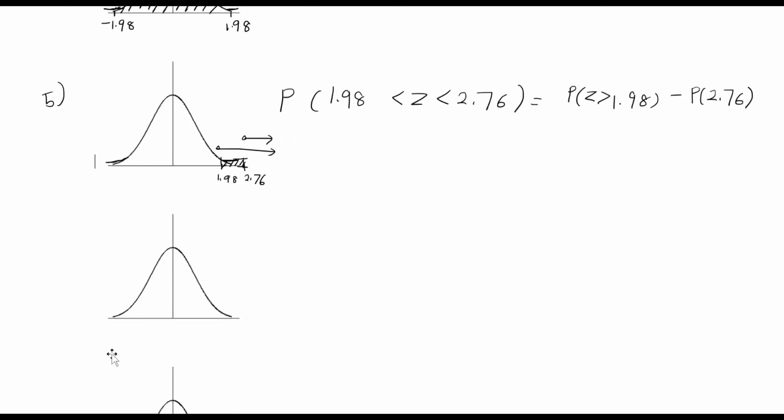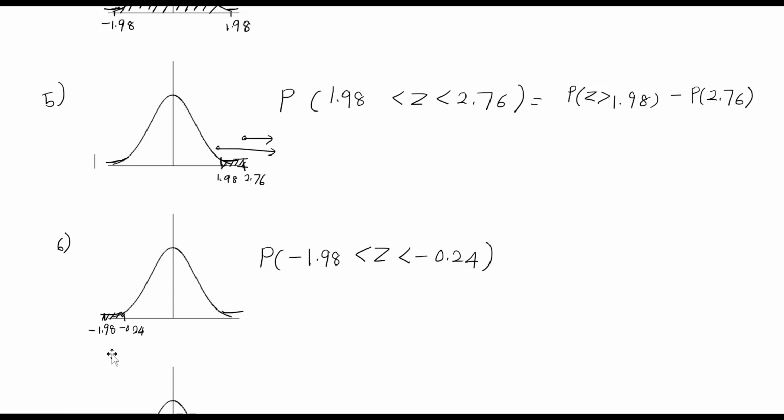Now what if your probability is between negative 1.98 and negative 0.24? Let's say we have the curve, so I modified the curve first. We have negative 1.98 and negative 0.24 here, and we are looking for this area.